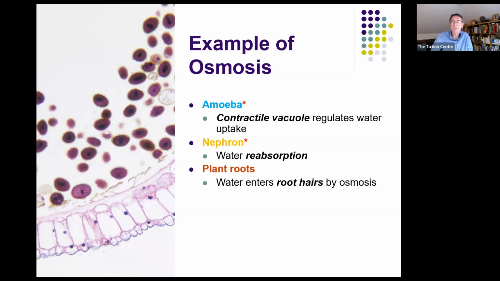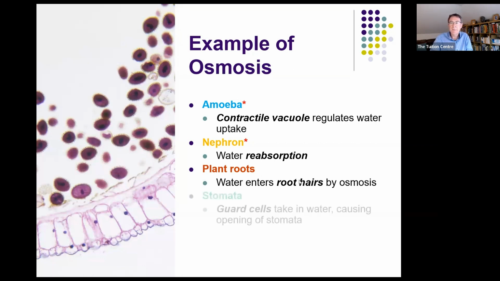You've got plant roots. We'll talk about root hairs rather. These are what you might think of as hair-like structures on the surface of the root to increase the surface area for absorbing not just water by osmosis, but other materials from the soil water as well, like minerals that they need.